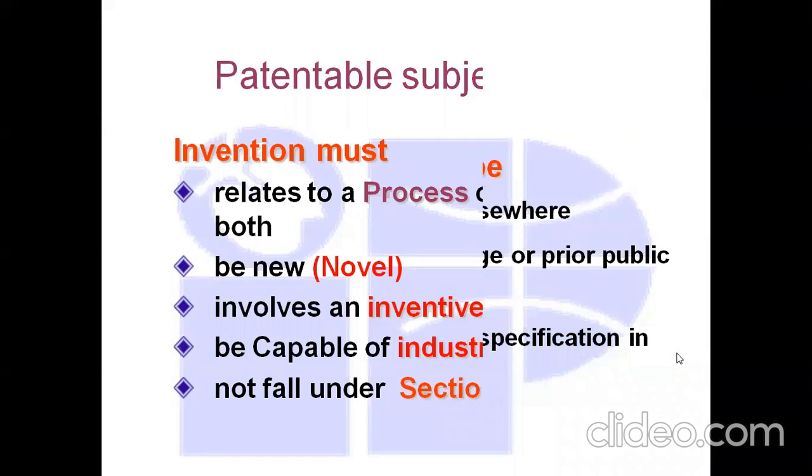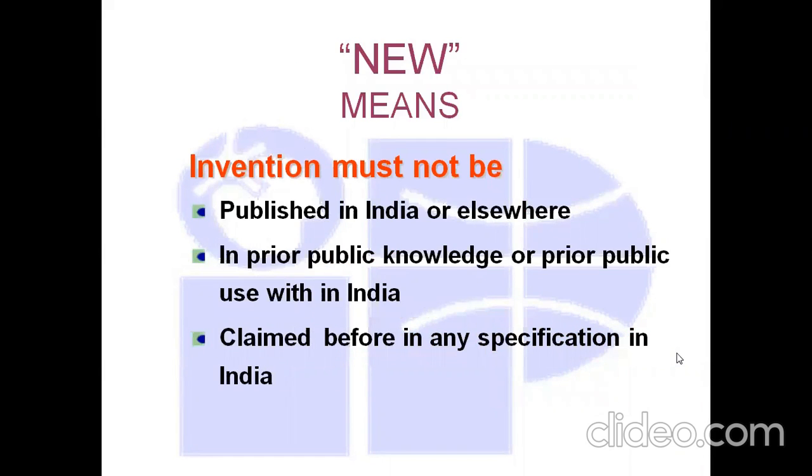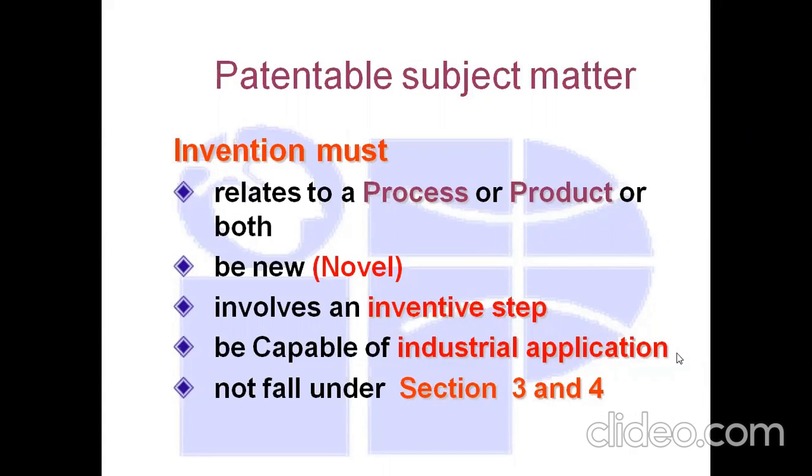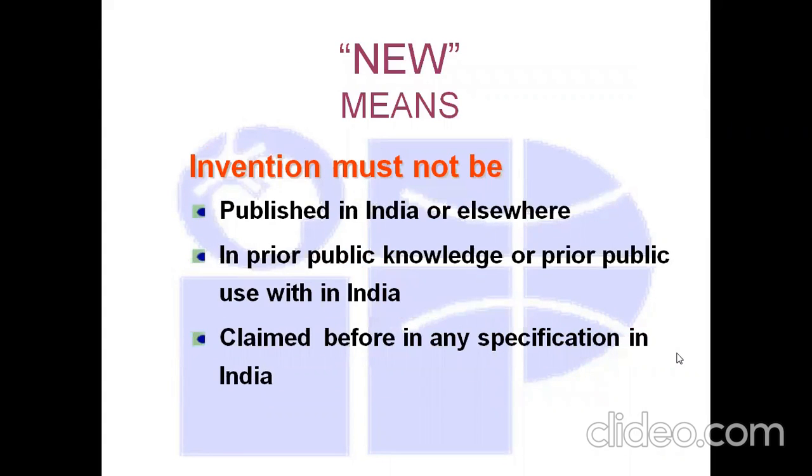Before going to the slides on sections 3 and 4, what is the meaning of new? The invention must not be published in India or elsewhere. If you have already published it in an article or a journal, you cannot file it as a patent in the patent office.